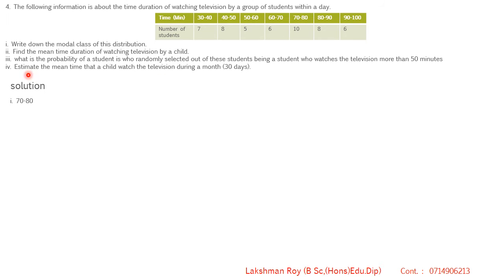Then Roman number 2 says find the mean time duration of watching television by a child. To find the mean you have to make a table. You can find the mean using two types of tables.